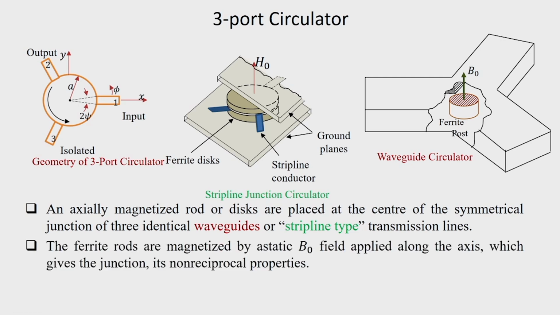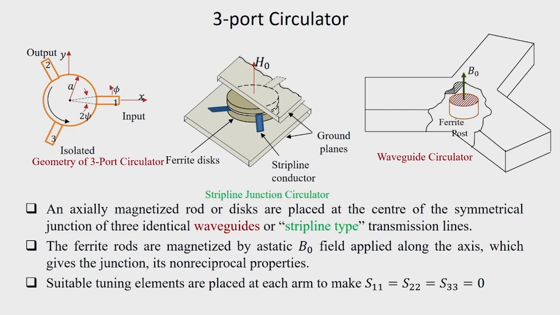The ferrite rods are magnetized by a static B0 field applied along the axis, which gives such junctions non-reciprocal properties, and suitable tuning elements are placed at each arm to make S11, S22 and S33 equal to 0, so as to obtain the matching.